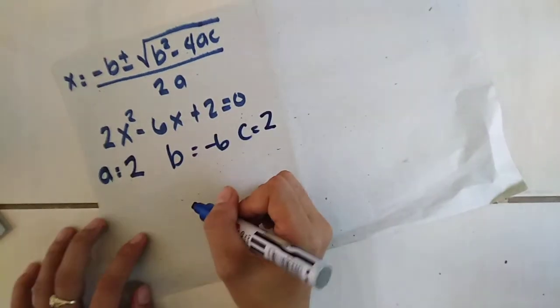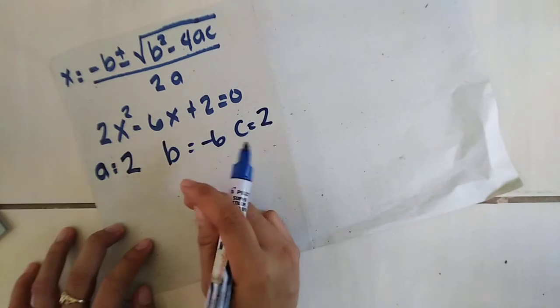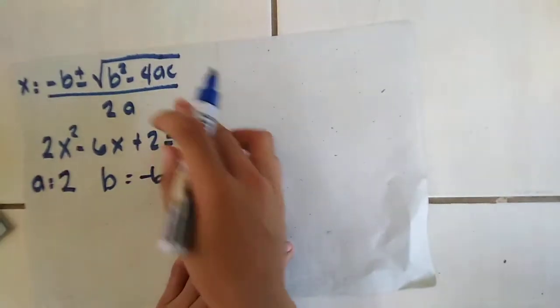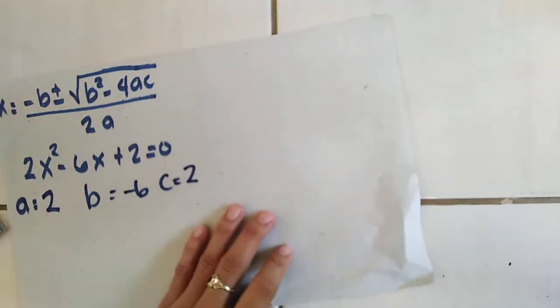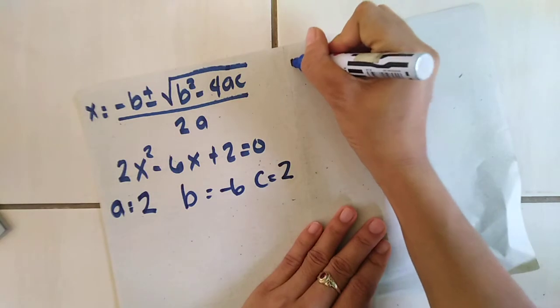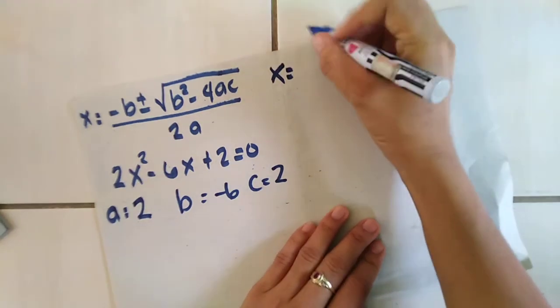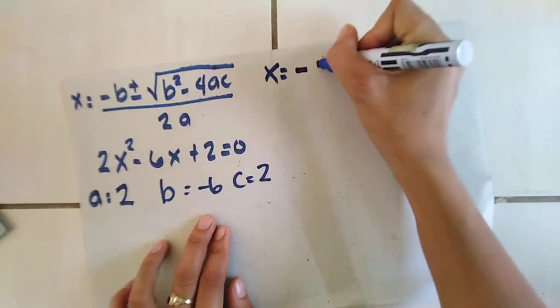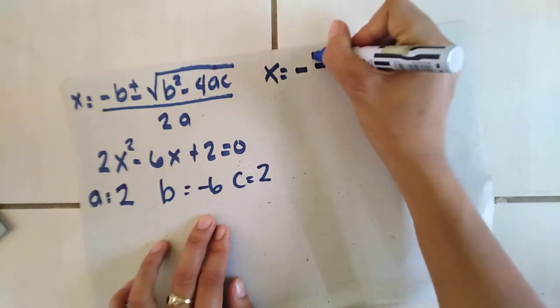Next, we substitute. We have x equals negative, what is our b? Negative 6.